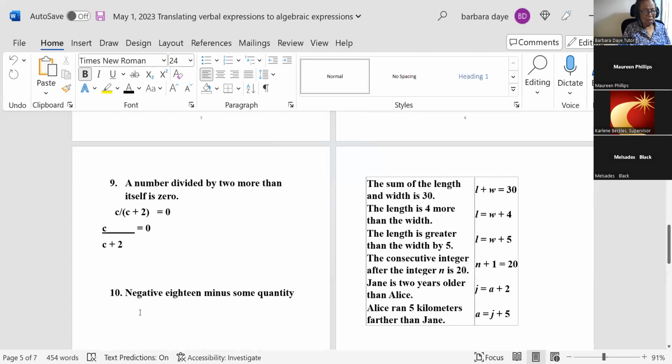Not a slash, sorry. The subtraction sign there, the takeaway sign. You mean the negative sign? Negative 18 has a sign in front of the 18. Okay, negative 18. Now the minus is a subtraction. So Mercedes, what do I write?